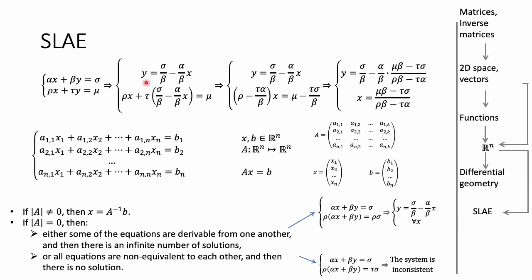Well, trivially, we first express y through x using the top equation. Then we substitute the expression for y into the bottom equation. We combine the corresponding summands together, and we find x from the linear equation that appears in the bottom. This is the formula for x. And finally, we substitute this value for x into the formula for y that we derived previously, and therefore we get y.